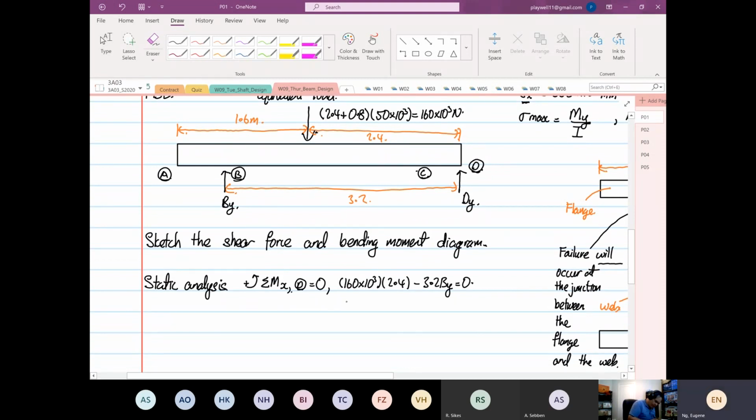We want to calculate By now, which will be equal to 160 times 10 to the power 3 times 2.4 divided by 3.2, which is equal to 120,000.